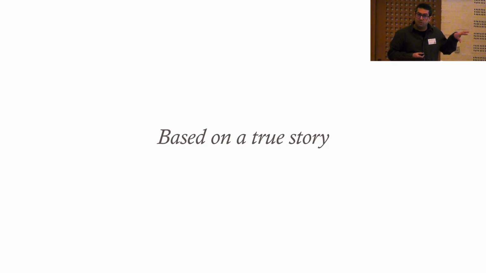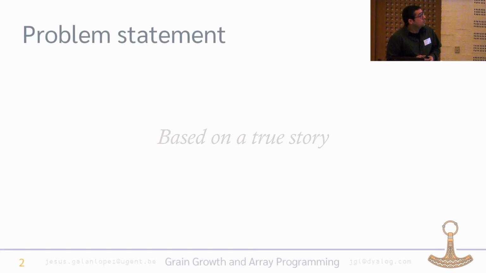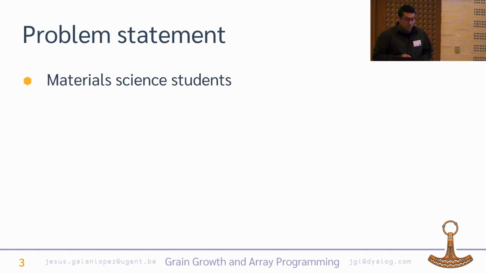These are the conclusions that I got from giving a course on materials modeling at the university. This is a course for material science students. They are master students who are already finishing. They do this in the last semester. And we give them an assignment.